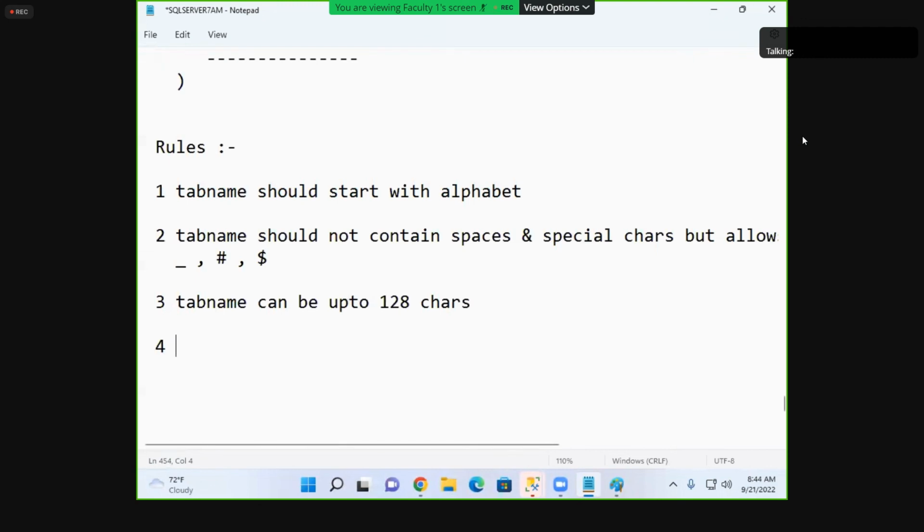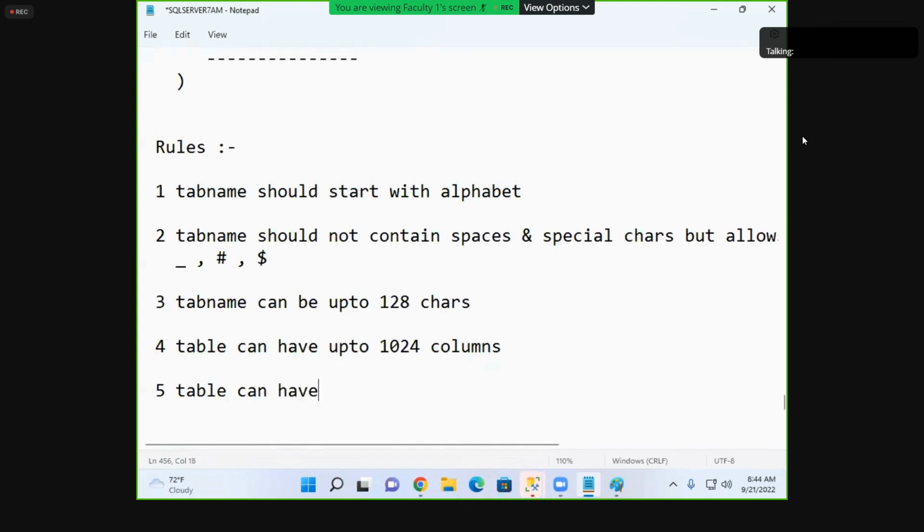And a table can have up to 1024 columns. A table is rows and columns. Maximum how many columns? 1024.